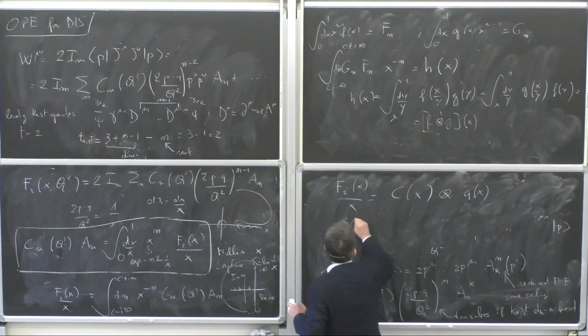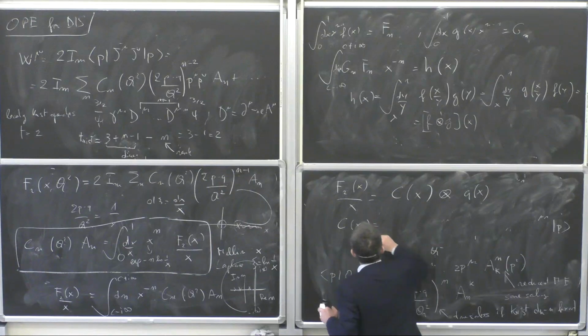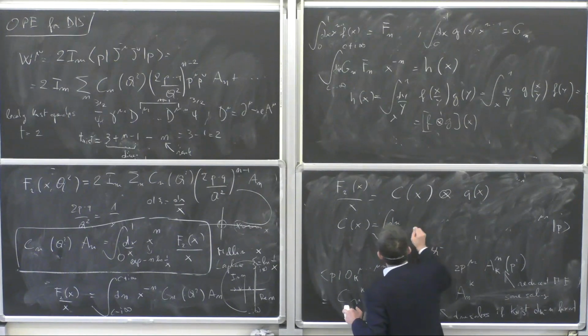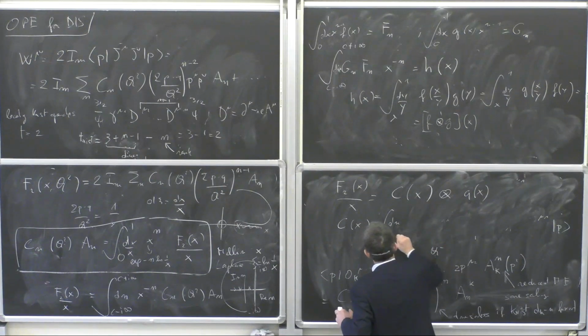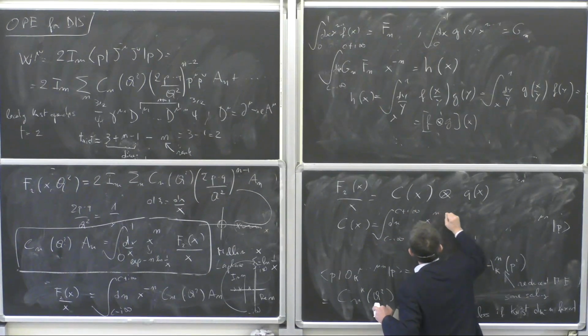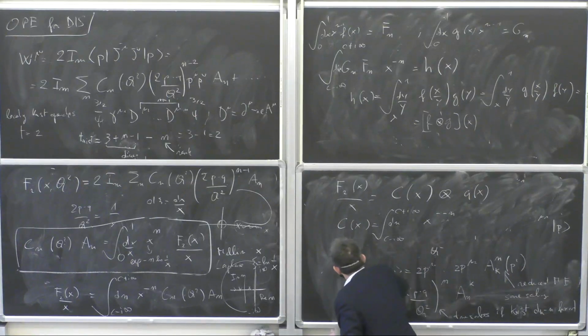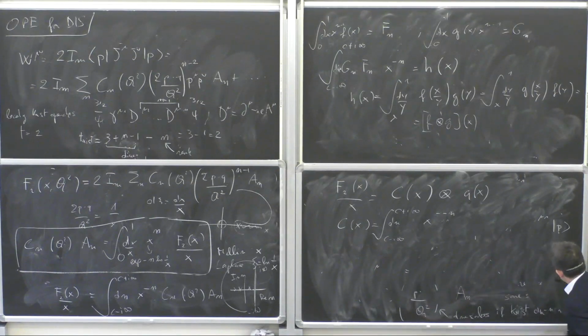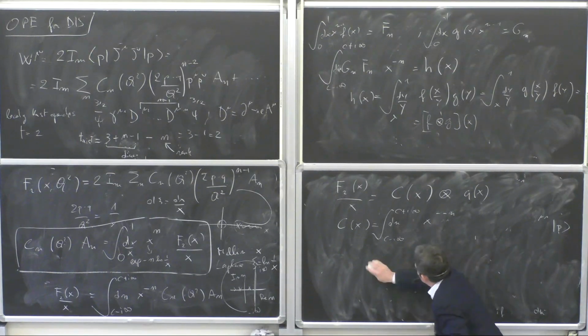So I'm defining C of x as integral dn from c minus i infinity to c plus i infinity, x to the minus n... sorry, I wrote C of x.